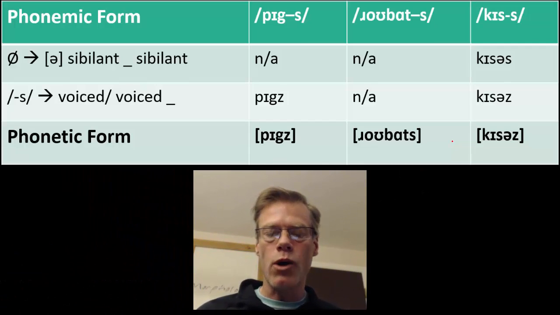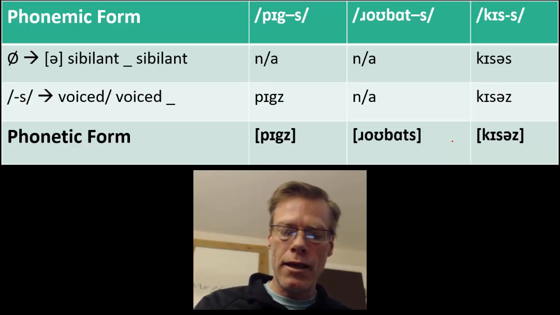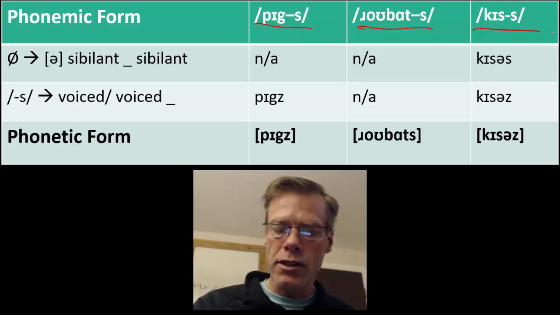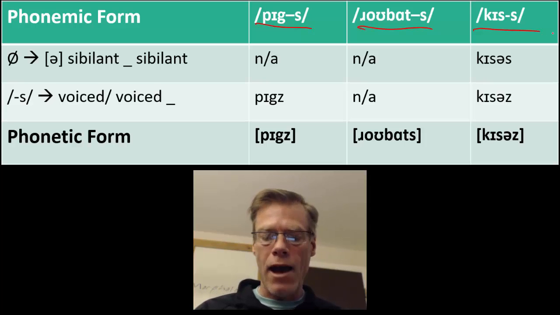Now we can see how our rules apply to actual words. So we begin with our underlying representations for three nouns: we've got pig, we've got robot, and we've got kiss. We want to pluralize them, so we'll add an s to the end of each one.